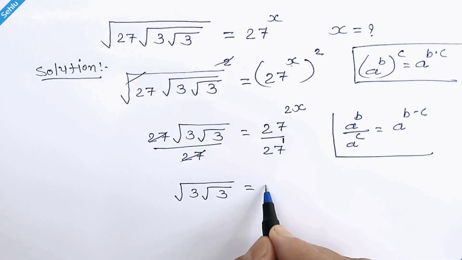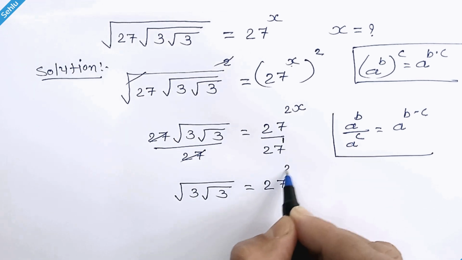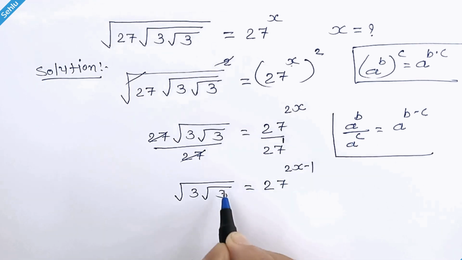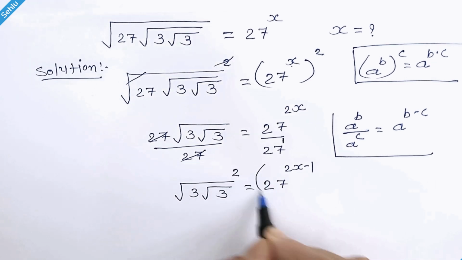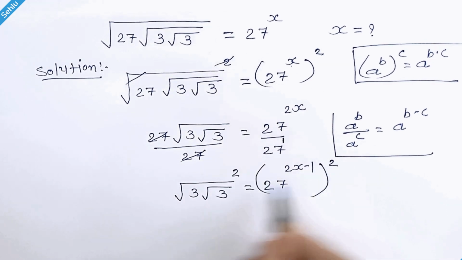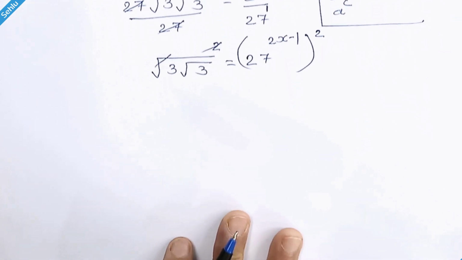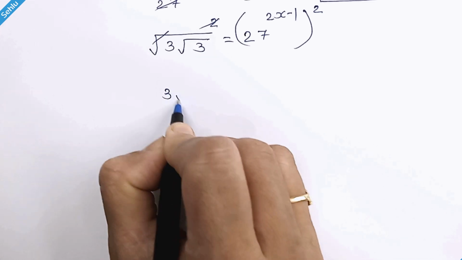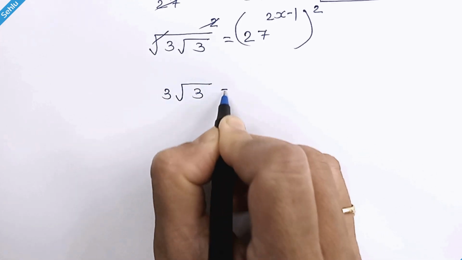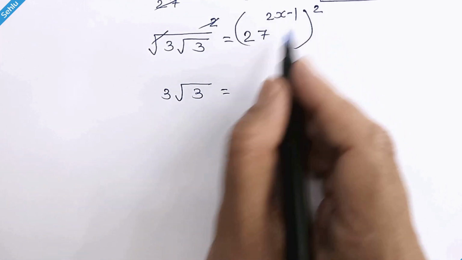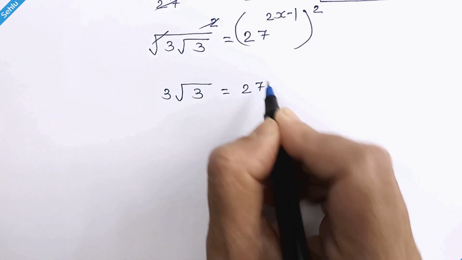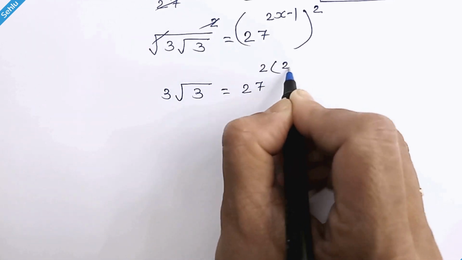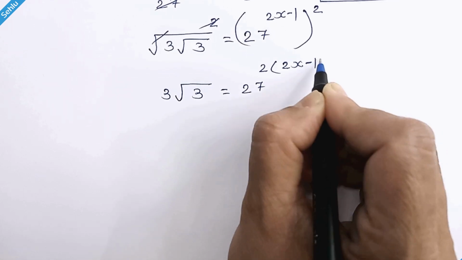So here we can write it like 27^(2x − 1). We will square both sides. So this square and square root will be eliminated. So we have 3 times √3 is equal to, we can multiply these two, so it will be 27^(2(2x − 1)).